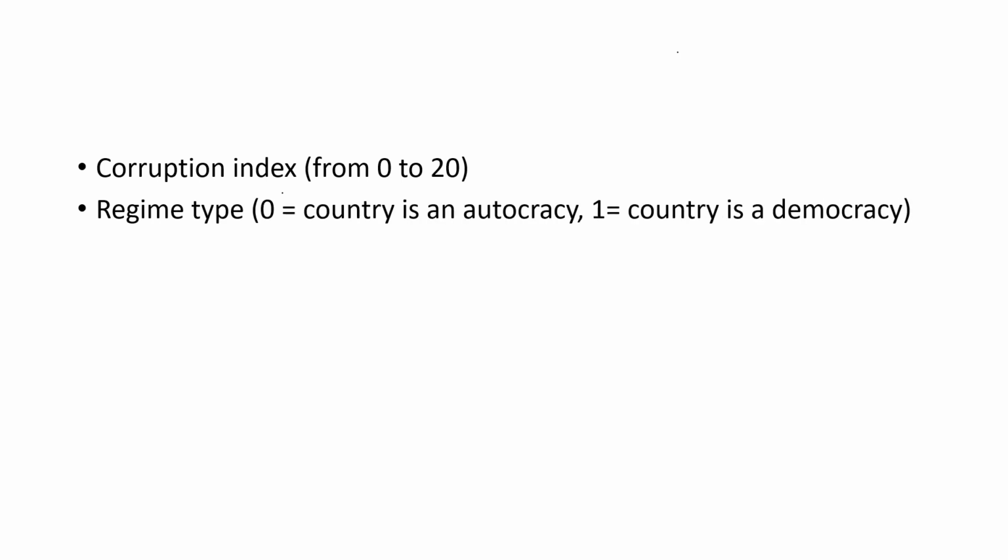We also included regime, which is a dummy or dichotomous variable coded 0 if a country is an autocracy and 1 if a country is a democracy. And lastly, we included resources in terms of percentages of GDP.